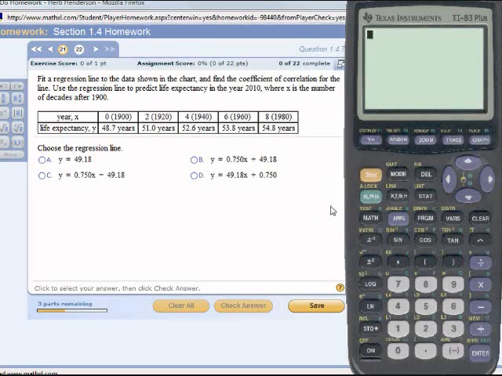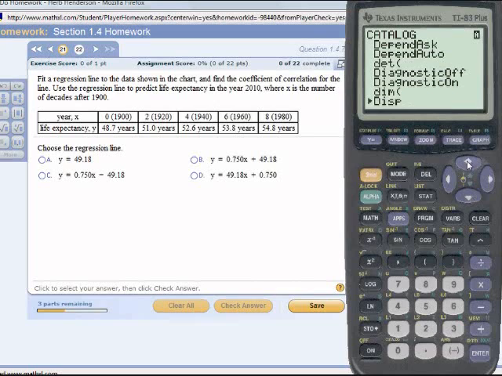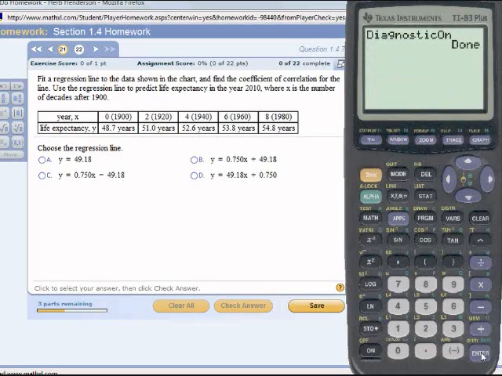So to get that, 2nd Catalog, and you scroll all the way down to DiagnosticOn. And this will turn on this feature. So I hit enter, and it says done. Alright, we've got it.